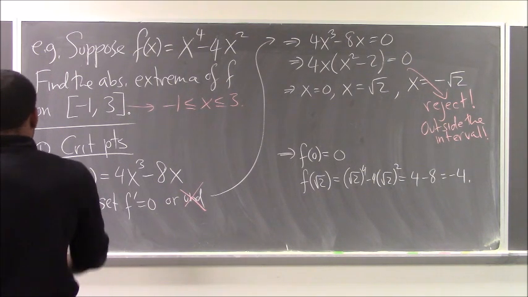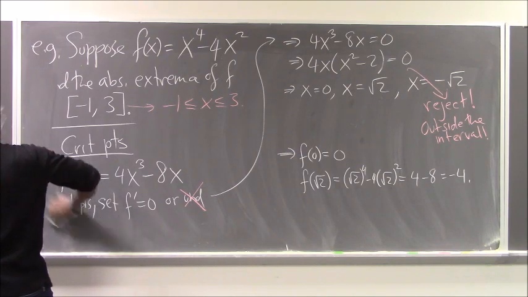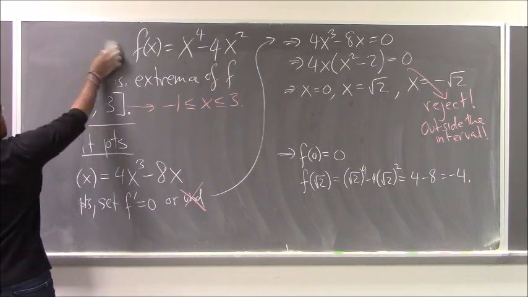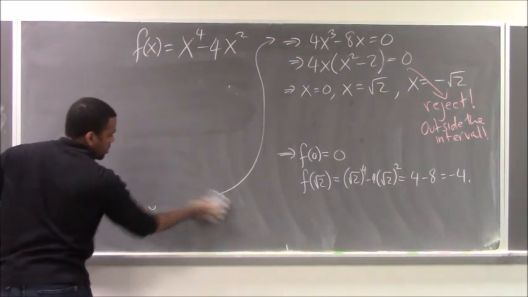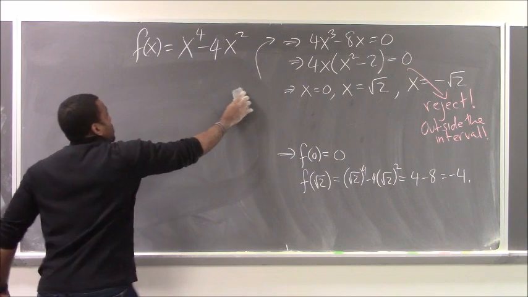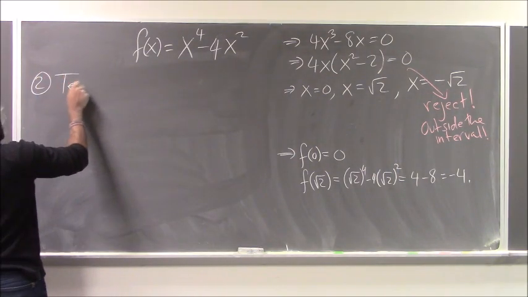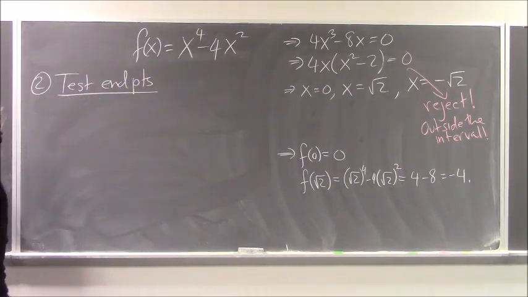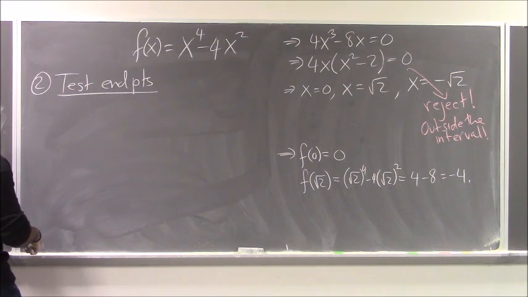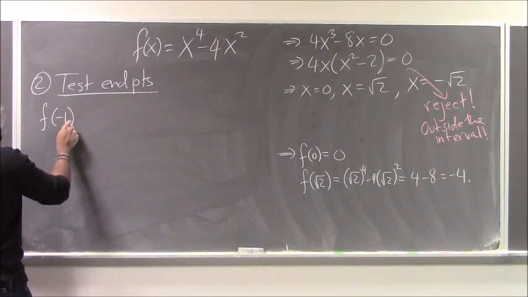Alright, let me jump back in here. Now we'll move on to step 2. Let me leave my function up here so I remember what that is. In step 2, you're going to test endpoints. So the endpoints were minus 1 and 3. So I'm going to find f of minus 1.